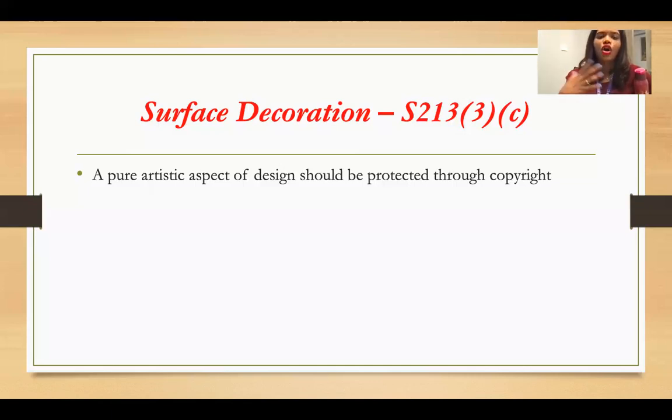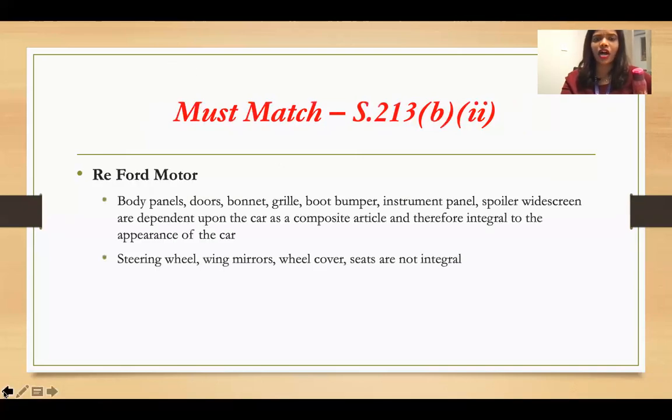So of course, when we look at integral part, a car door is an integral part. But again, the courts look at what is an integral part. Is it a dependency or not a dependency is the question that the courts ask. And in must match, one thing you must remember is, without the car door, can the car still function like normal?